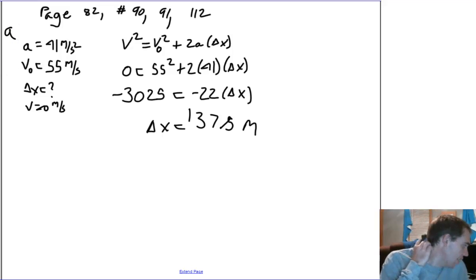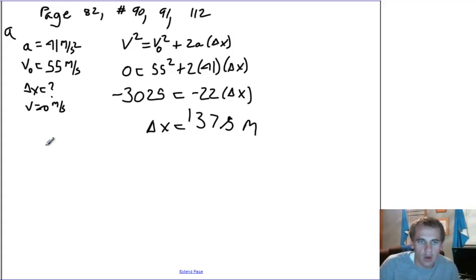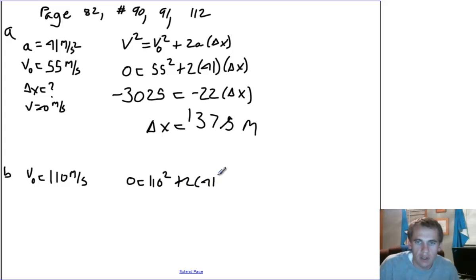Part B on that one said, how many meters will it take to stop a car going twice as fast? Okay. Well, if it's going twice as fast, that means its initial velocity is equal to 110 meters per second. Other than that, everything stays exactly the same. So 0 equals 110 squared plus 2 times negative 11 times delta x.